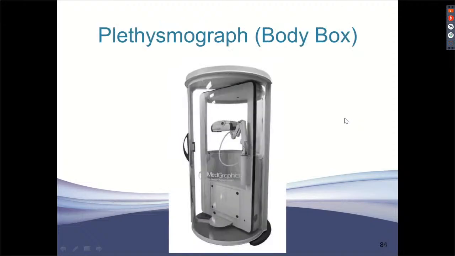All right, that brings us to the top of page 25, the body box or the plethysmograph. Number 7, highlight that. Letter B, it measures thoracic gas volume, which is the same as functional residual capacity. Highlight letter D. The body plethysmograph should be calibrated prior to the procedure using the following, and we give you some information about that. Letter E, the quality control of the body plethysmograph.